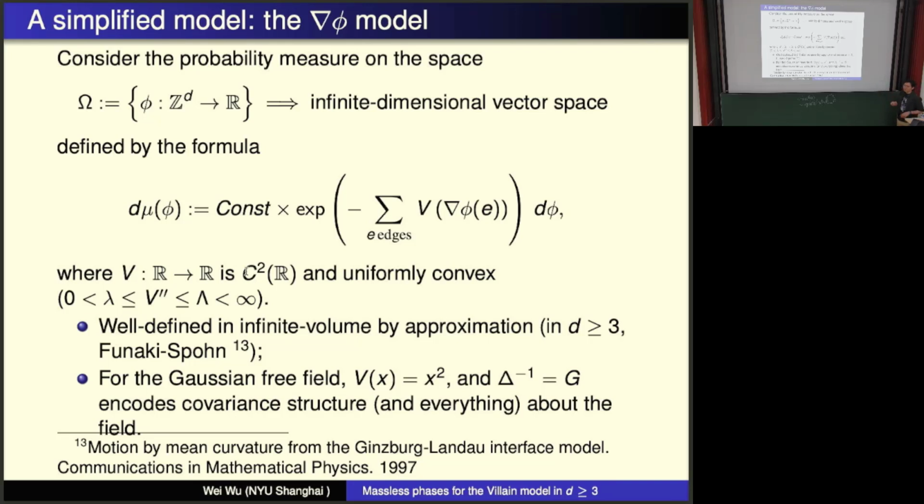Now, for the Gaussian free field, everything is computable, like the two-point function is just the Green's function and so on. But in fact, there's a whole story for the gradient phi model of this type, in that the two-point function also has a formula, but not the usual simple random walk Green's function, but a more complicated one.